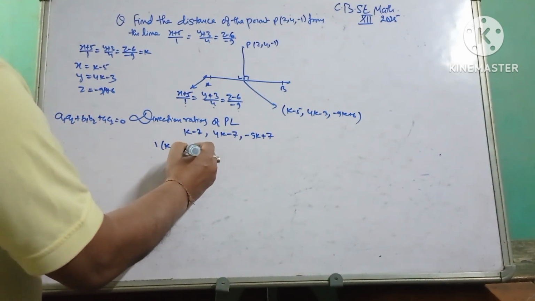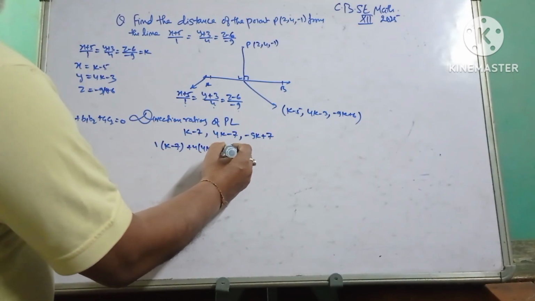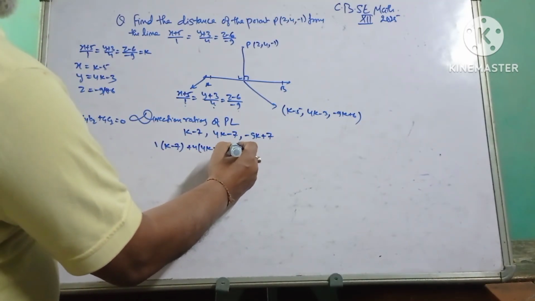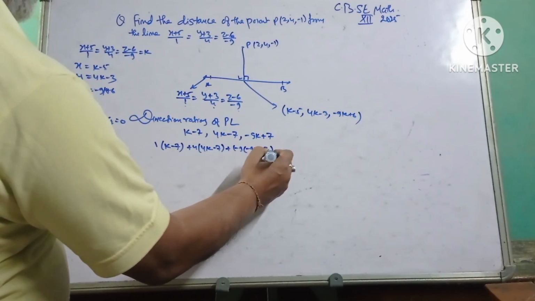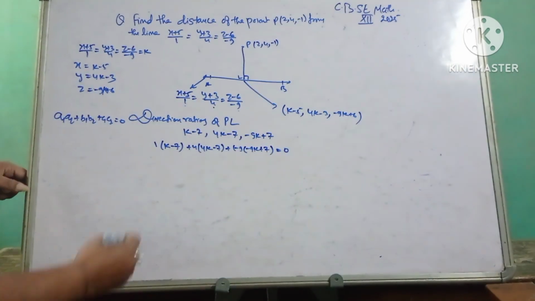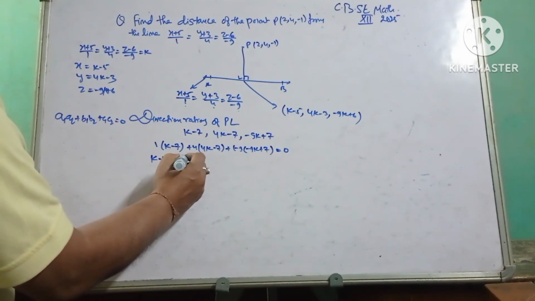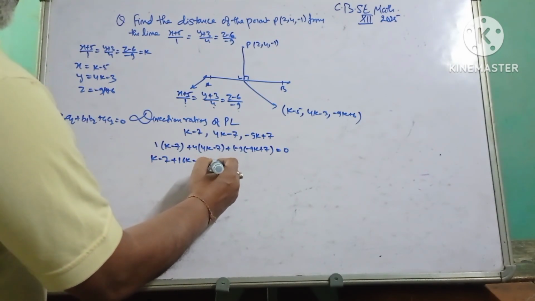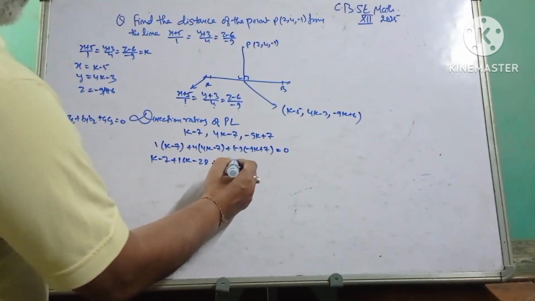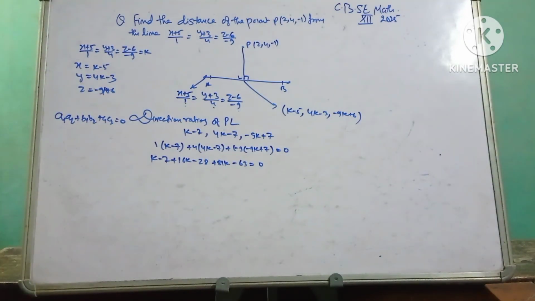So 1 into (k minus 7) plus 4 into (4k minus 7) plus minus 7 into (minus 9k plus 7) is equal to 0. So this will be k minus 7 plus 16k minus 28 plus 63k minus 49 equal to 0.